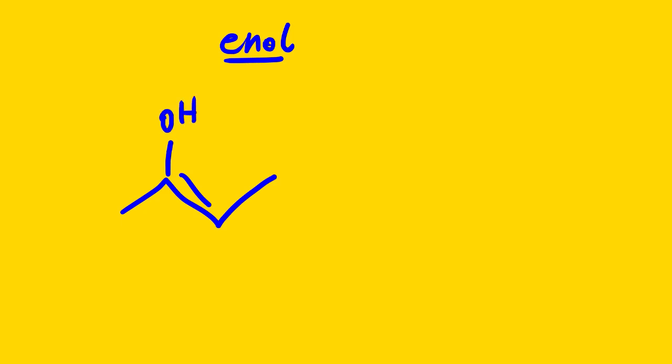Now the last concept that I want us to talk about is enols. Enols are molecules which have a hydroxyl group directly bonded to an alkene. So let's say we have something like this. This is an enol. Enols are actually derived from ketones.